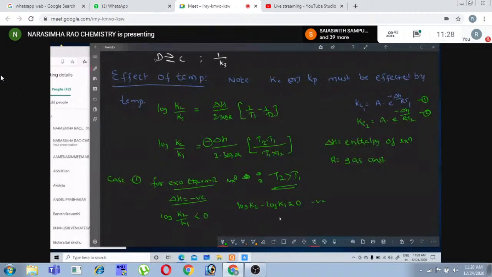Higher value, sir. Right, so K2 is lesser than K1. So we observe that if the temperature is raised, the K value decreases. Important for NEET: for exothermic reactions, K is inversely proportional to absolute temperature.